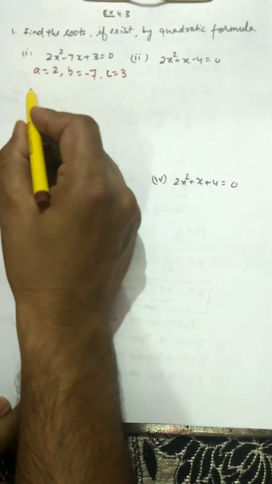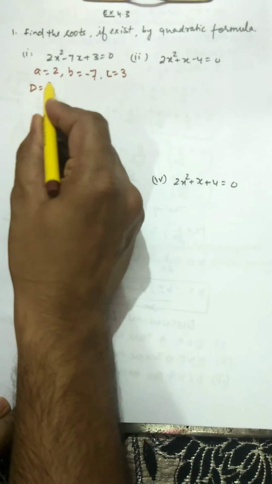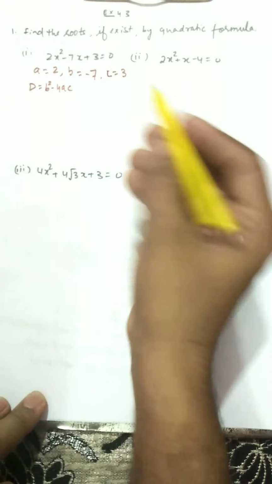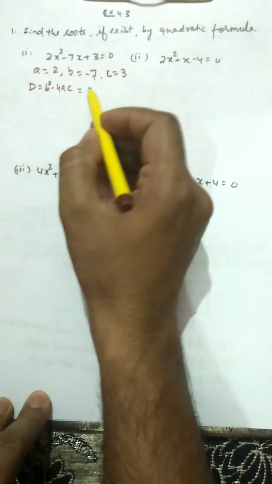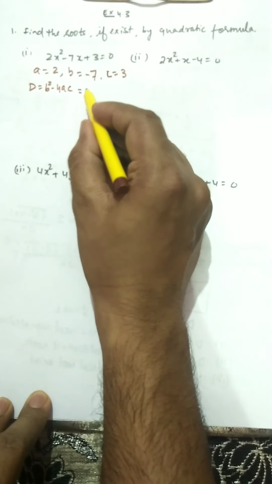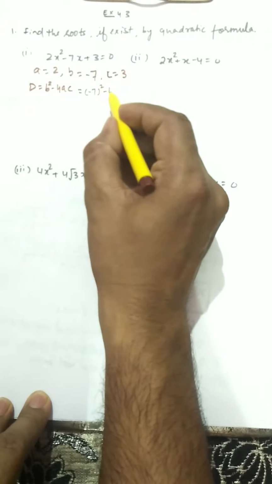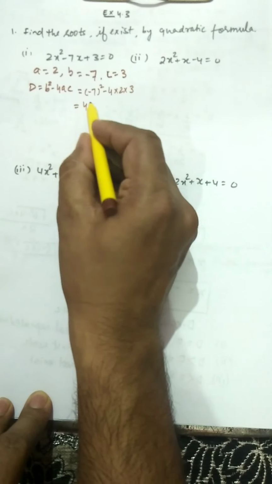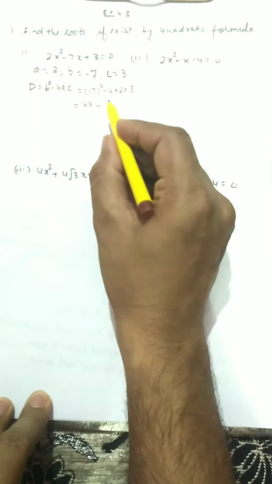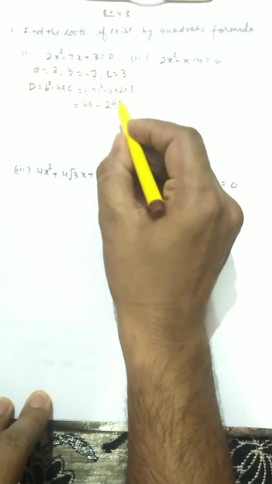So we'll calculate the value of D. D is b square minus 4ac. B is minus 7, so this is minus 7 squared minus 4 into 2 into 3. So this is 49, and 4 times 2 is 8, and 8 times 3 is 24. So this is going to be 25.